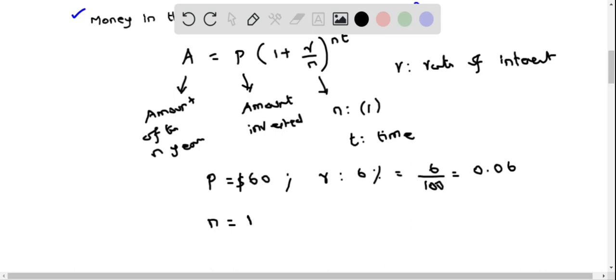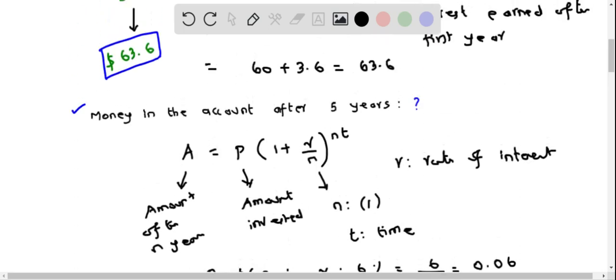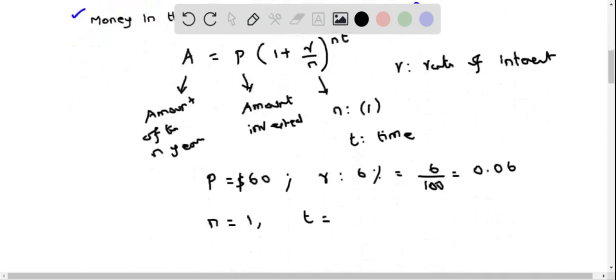So here it is 1, because it is compounded every year, and t is the time in years. So we have to calculate the money in the account after 5 years, which means t equals 5. So using this formula, we will now calculate the amount.